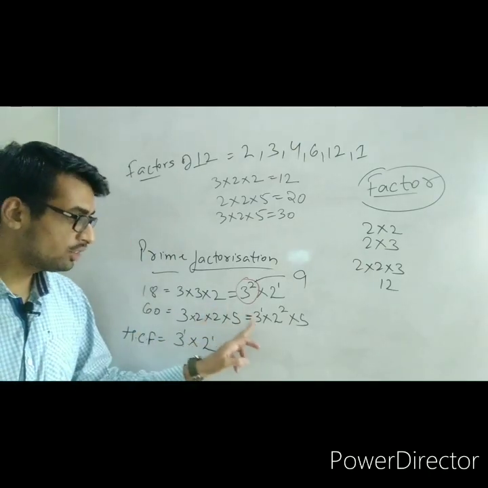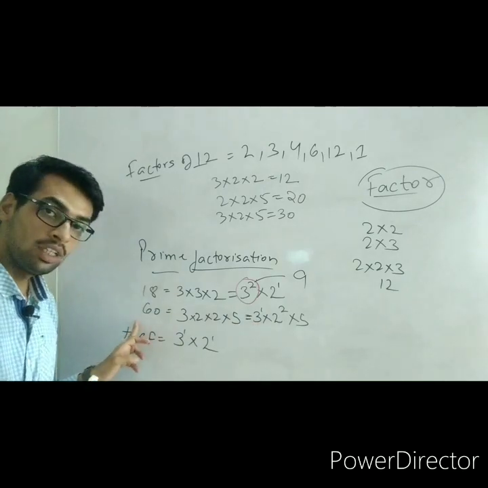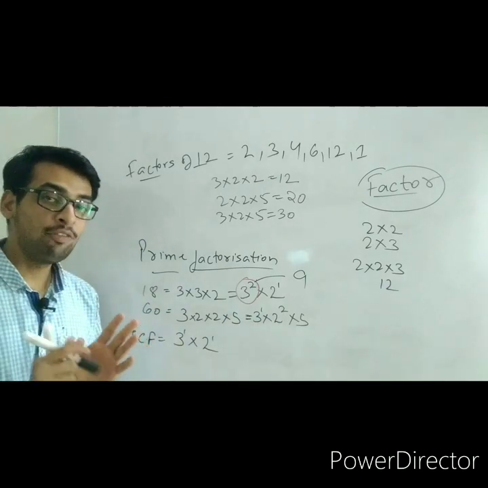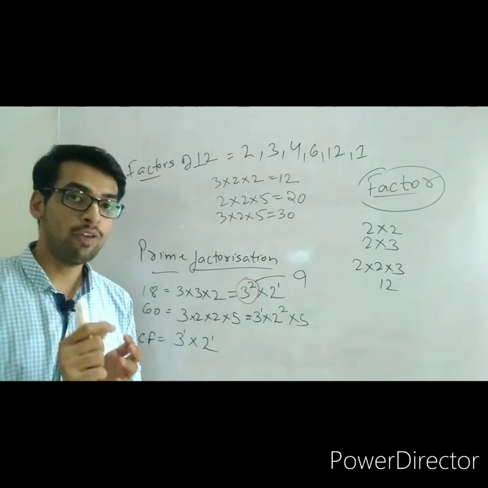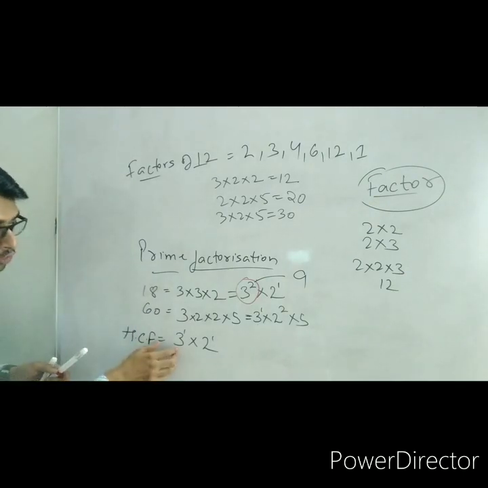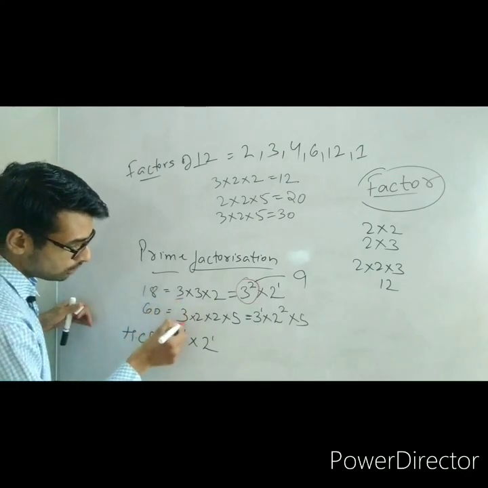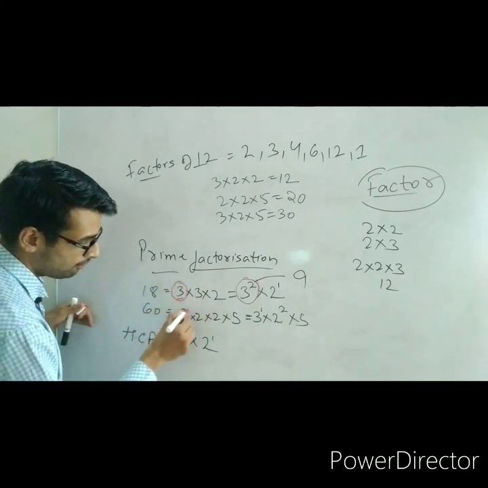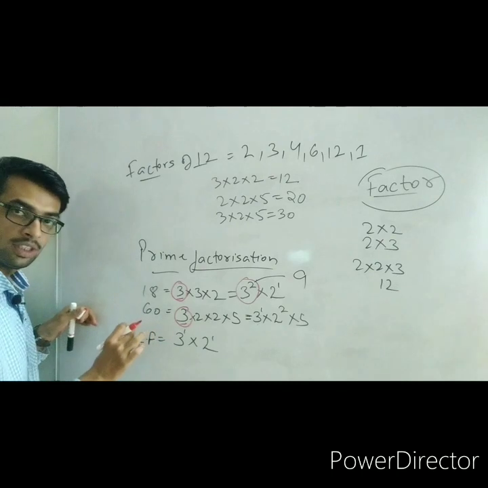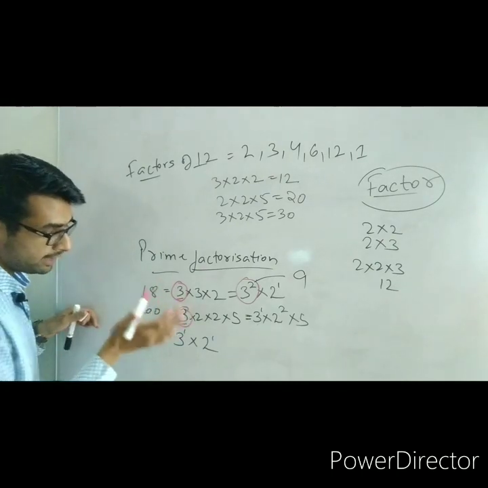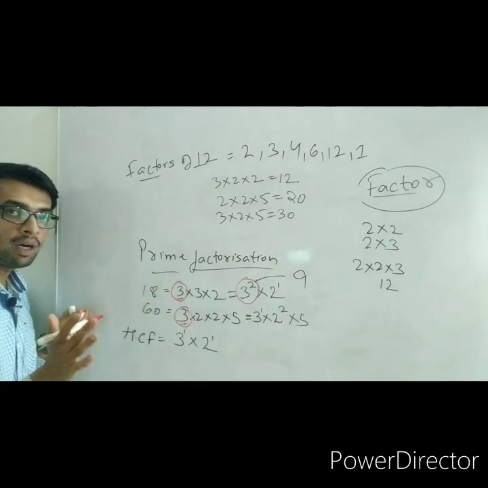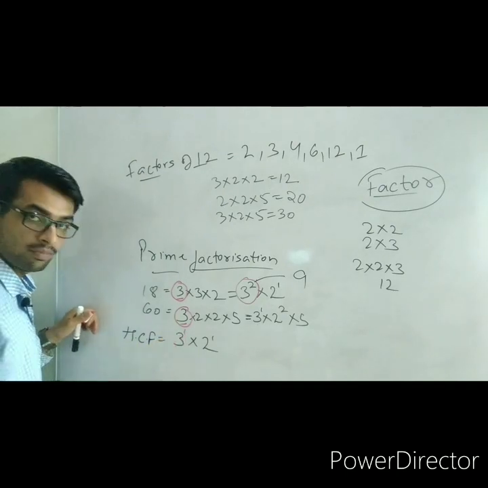No. Only 3 is a factor of 60, not 9, and we have to choose a common factor. So in the case of 3, only a single 3 can divide both these numbers. That's why we have to choose the lowest power, which is 3 raised to power 1.